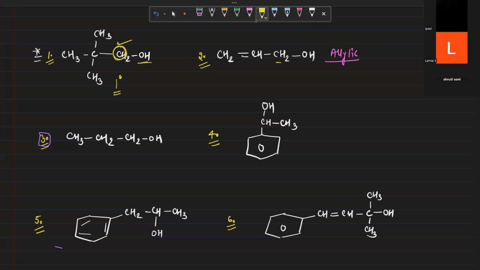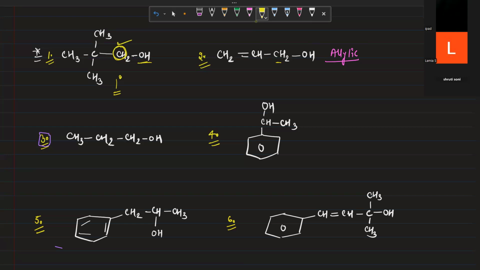Degree of carbon. It's how many groups are attached, or for the functional group OH, it depends on the degree of the carbon that it's attached to, right? Yeah, I remember that from our first session.